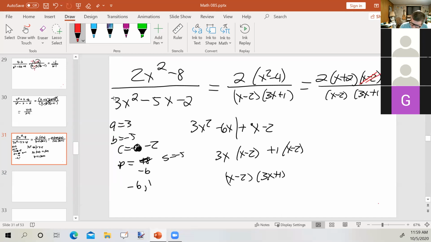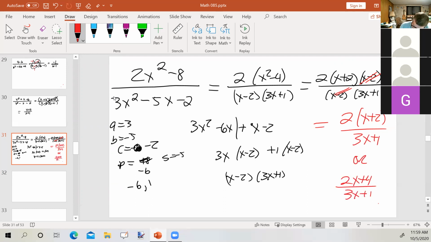X minus 2. Correct. So final answer, 2 times x plus 2 over 3x plus 1, or you could write 2x plus 4 over 3x plus 1. Okay. So what are we doing? We're factoring the numerator and the denominator, reducing out common factors. Let's see here.